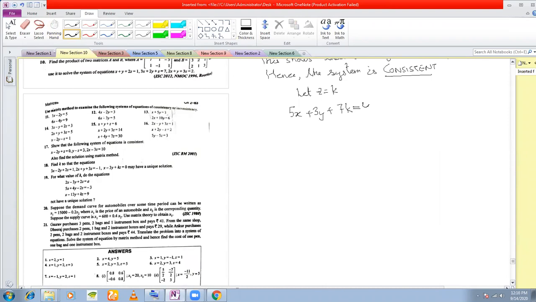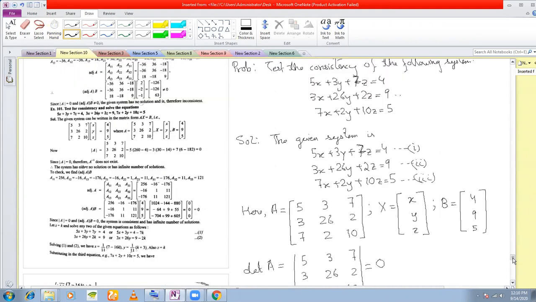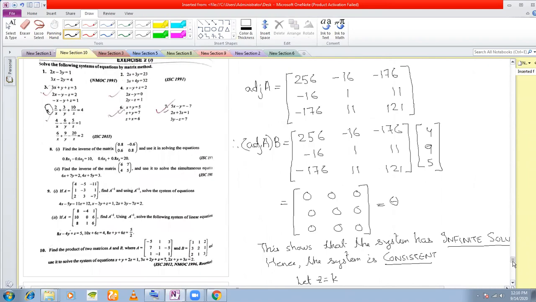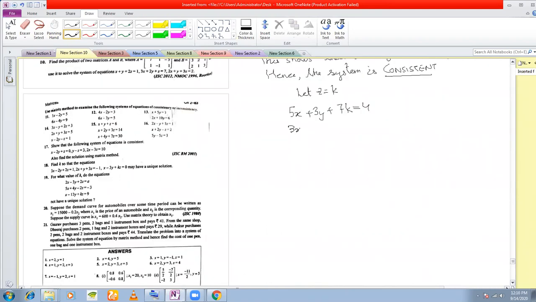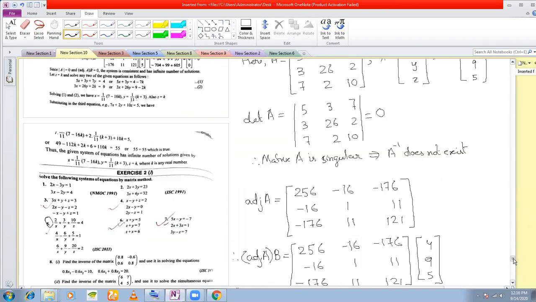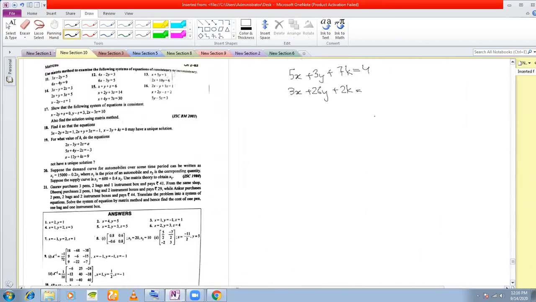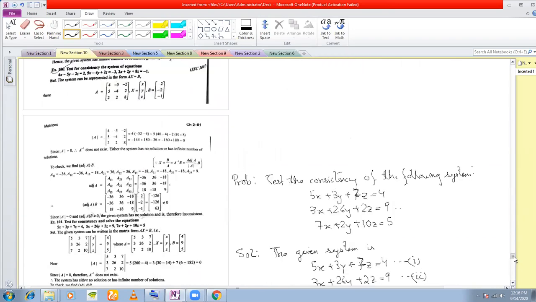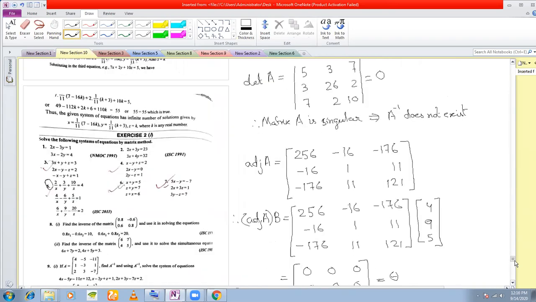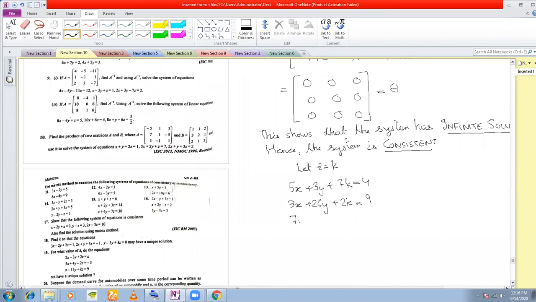Next, 3x plus 26y plus 2k is equal to 9. And finally 7x plus 2y plus 10k is equal to 5.